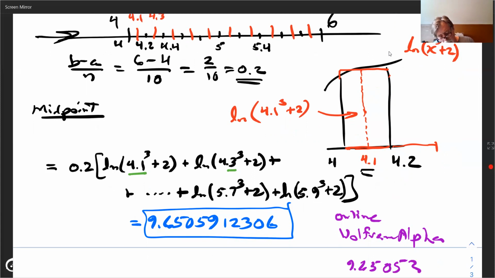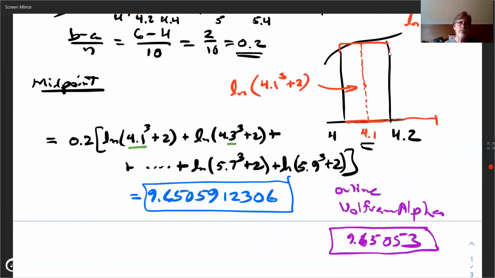That should be enough. That's a 6, okay. And then you can compare, and we're pretty good. Midpoint is a very good approximation of the actual with just 10 subintervals. It goes all the way out to 4 decimal places before it diverges, or maybe 3 if you round. All right, so now let's do the other two, and I'm going to go kind of quickly on these.